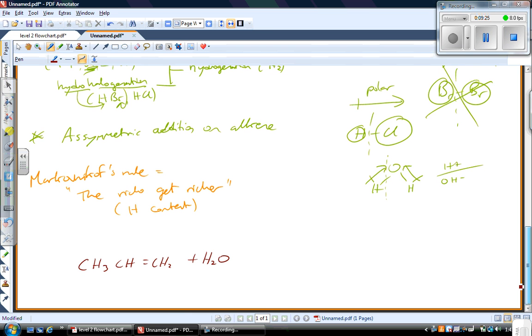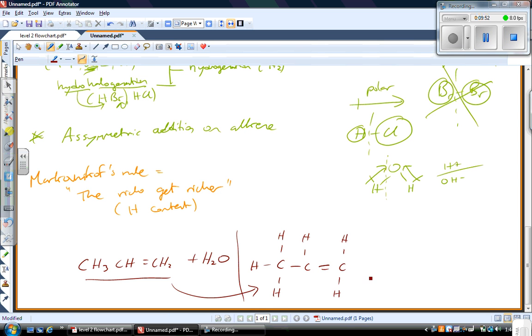And when we're trying to talk about Markovnikov, when you're trying to identify which carbon is the most rich in terms of hydrogen content, I find it easier if I get students to take the condensed formula and turn it into a structural formula, because you can also identify where the hydrogen adds on and where the OH adds on. So if we open this condensed formula out, this is what we're actually looking at.